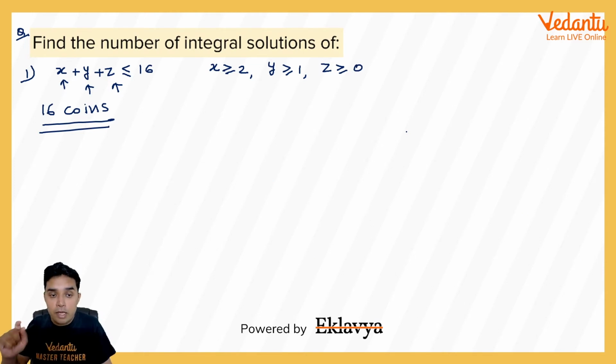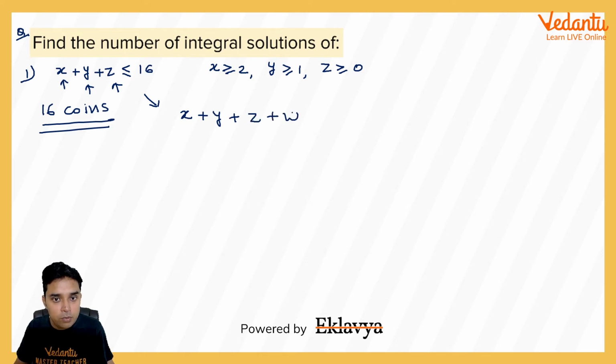So what we can do, please understand, is keep these remaining coins with you, or imagine there is a 4th beggar. Whatever I am left with, I will give to the fourth beggar. So can we say that this question is equivalent to x plus y plus z plus w equal to 16, in which w is greater than or equal to 0?